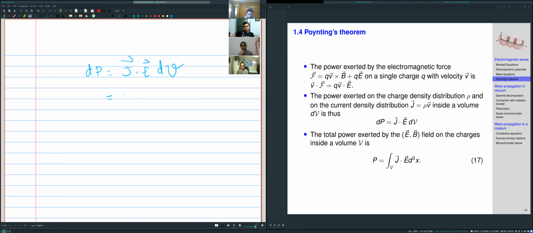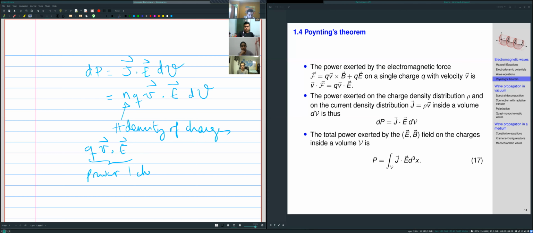It's the same as writing this electric current as nq times v dot E, where n would be the number density. The power for a single charge is qv dot E. That's the power for one charge, and so times n times dV would be the number of charges.